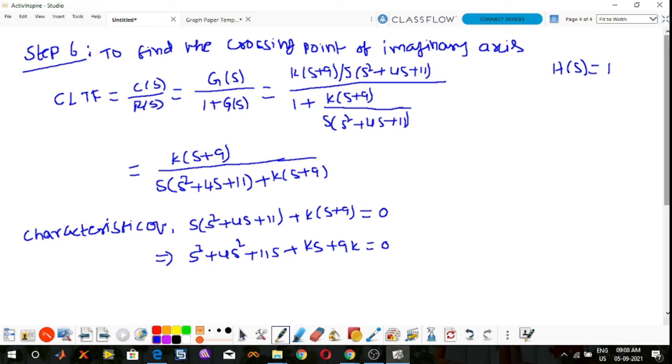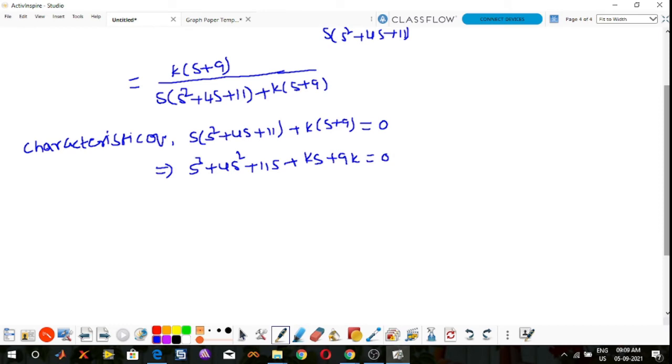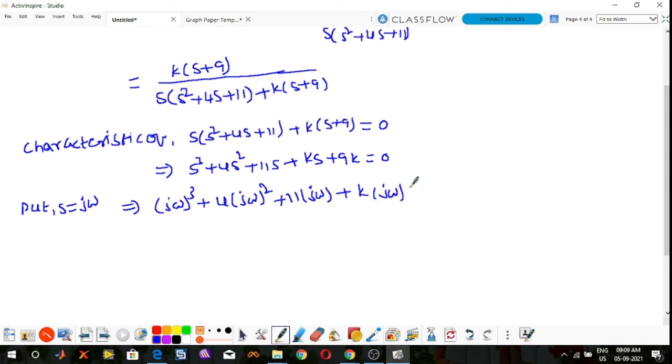The procedure for the crossing point of the imaginary axis: in this characteristic equation, substitute S is equal to j omega. Substituting, we get j omega whole cube plus 4 into j omega whole square plus 11 into j omega plus K into j omega plus 9K is equal to 0.